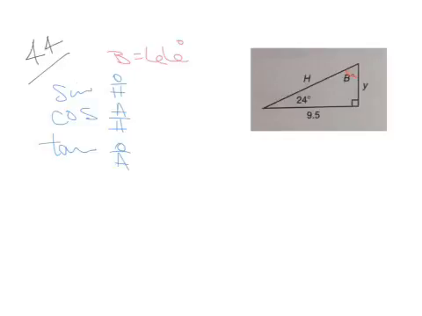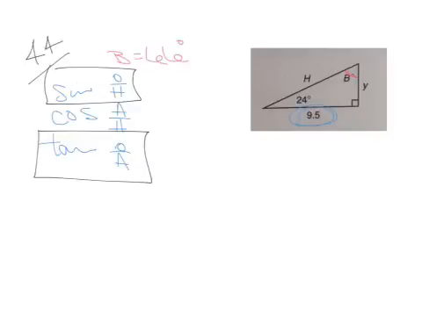We've got to find one that has the opposite as one of its segments. So it's going to have to be either the tangent, because that has an O, or the sine. And then the other part of it is unknown. We don't know what y is, which is the adjacent side, nor do we know what h is, the hypotenuse. So we can pick either one of these to find our answer. So let's do tangent. Like I say, it doesn't really matter.